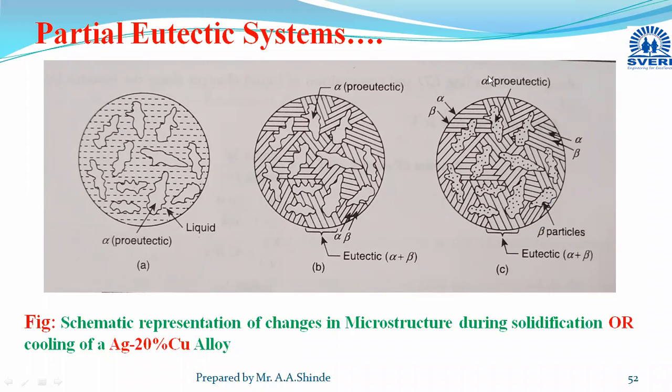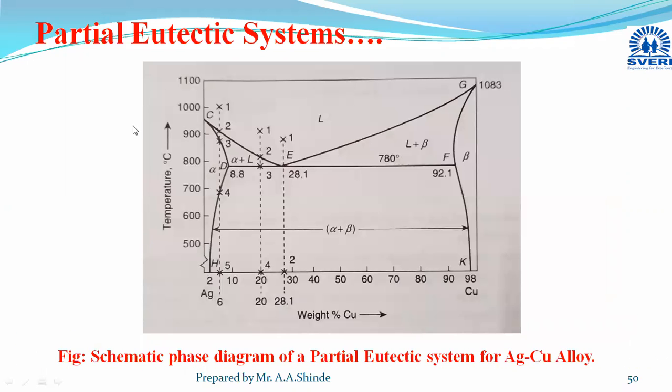If rapid cooling is there, this type of microstructure will be there at the end. So these are the microstructural changes for this 20% copper hypoeutectic alloy.